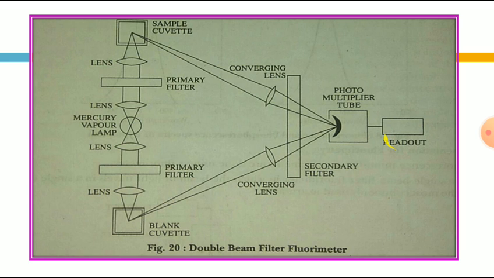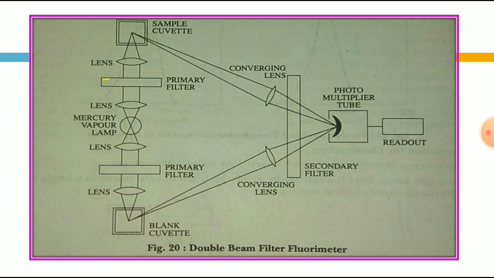So these are all the components. All of you know the function of the radiation source. It will emit visible light or UV light. That visible and UV light falls on the primary filter.